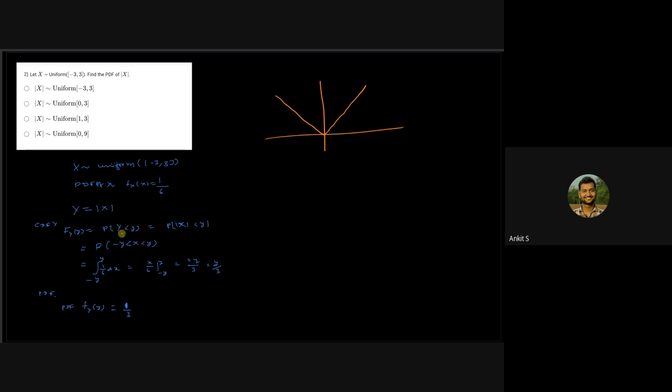Small y is some value in the support of capital Y. This represents the CDF of y. In place of y we will just put mod of x, the function expression for y.